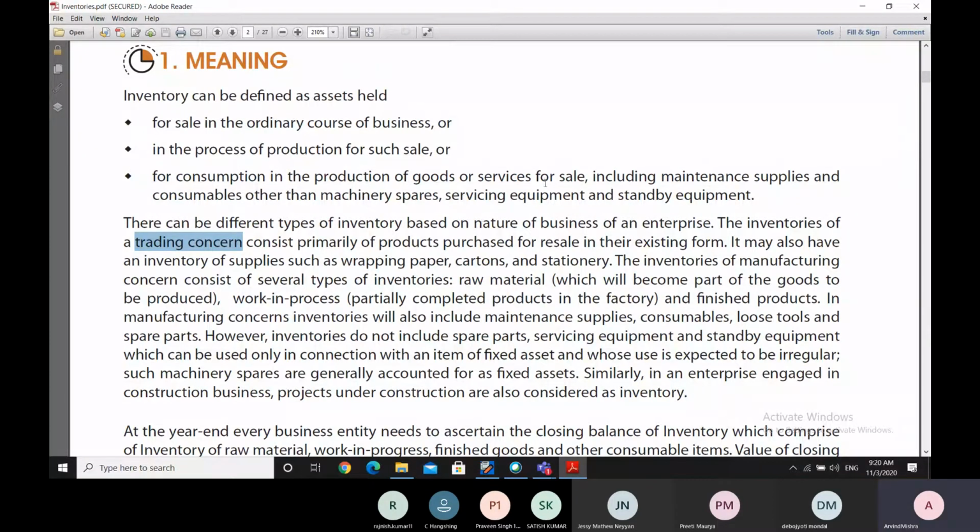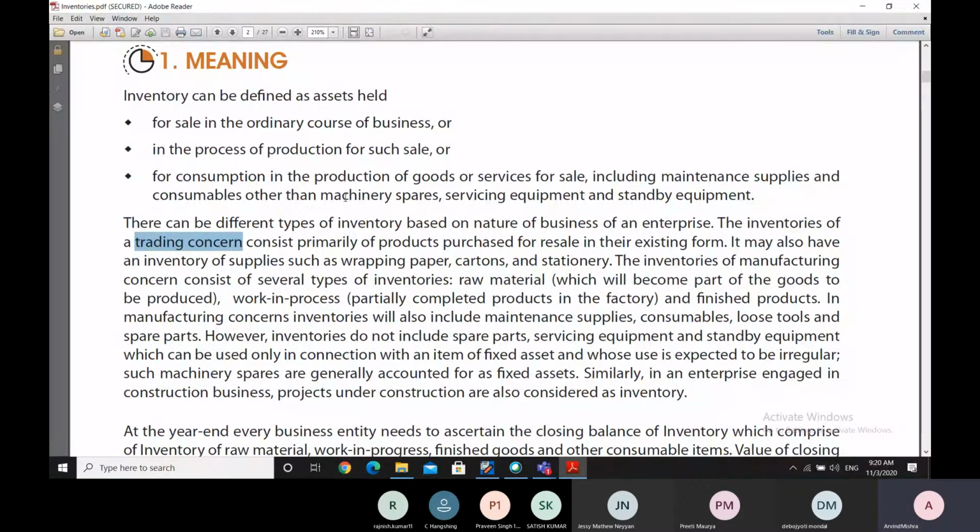And of course, we have to keep in mind that maintenance, supplies, and consumables are also included in inventory. However, the machinery spares and the servicing equipment and standby equipment are not to be included in the inventory.